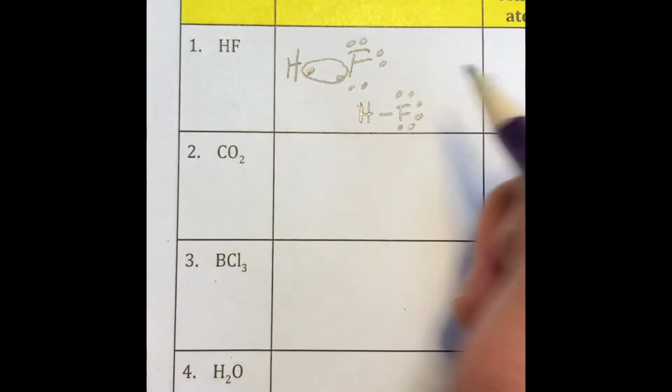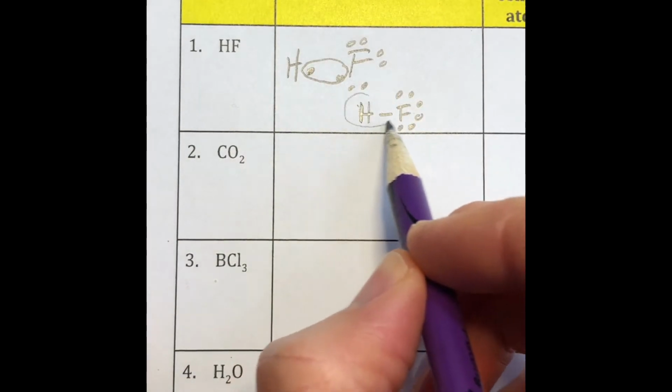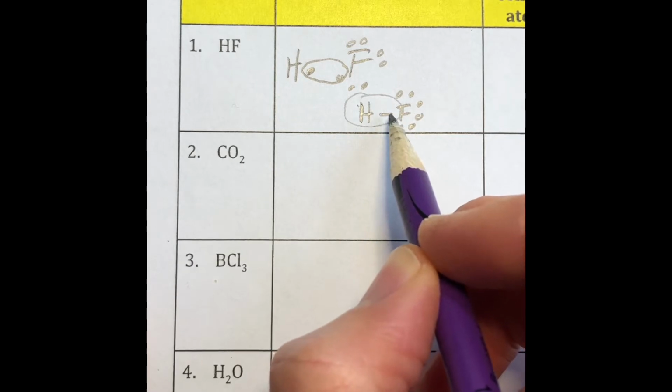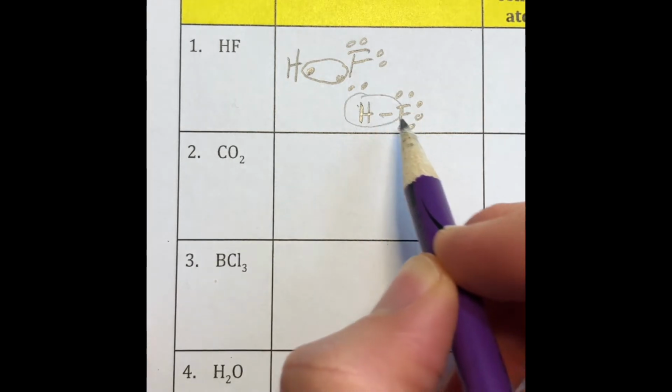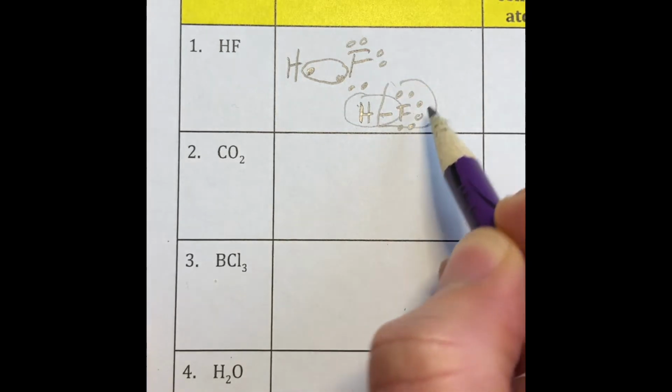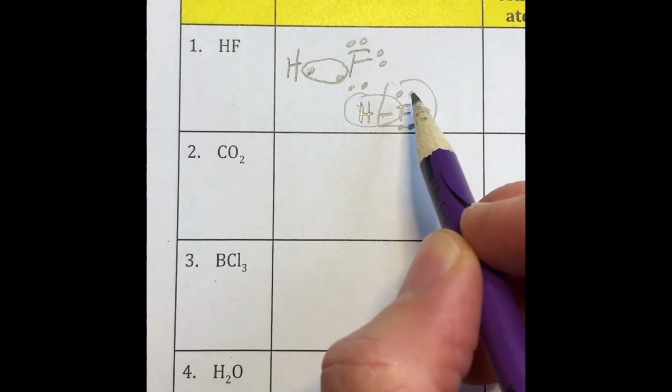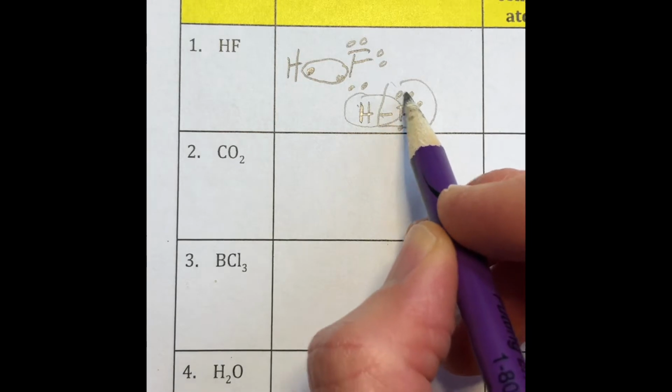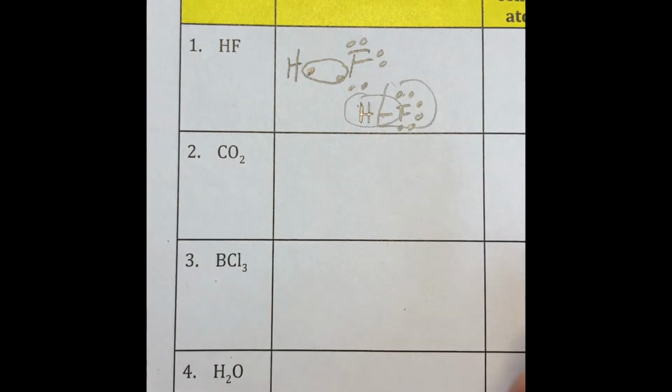But let's double check and make sure the H has 2 electrons, because H is perfect at 2. And then we'll look at the fluorine. I didn't get those ones down there on the bottom very well. Fluorine should have 8 because it wants to achieve an octet. So 2, 4, 6, and then 8. So they're good.